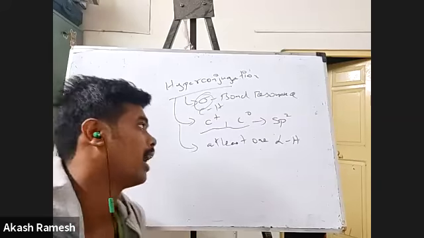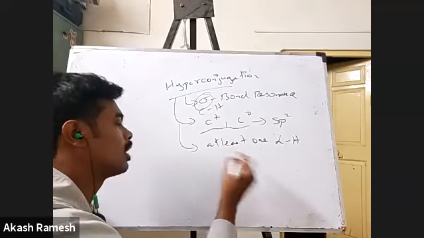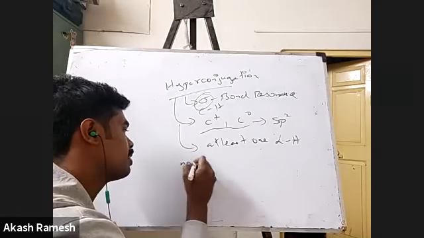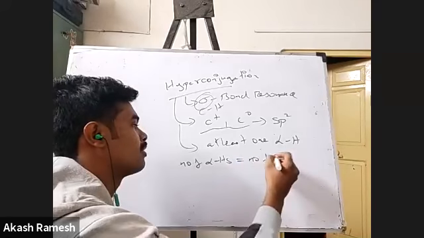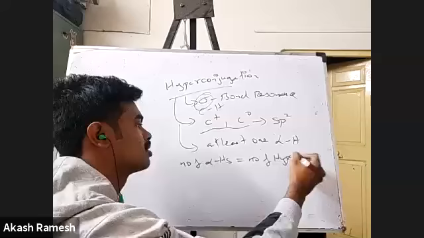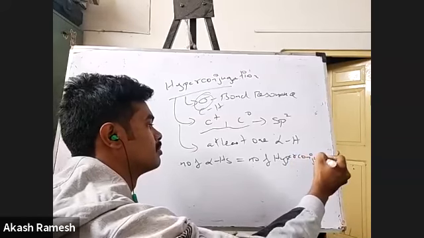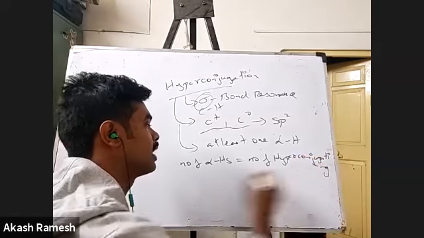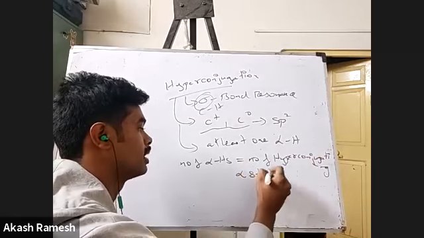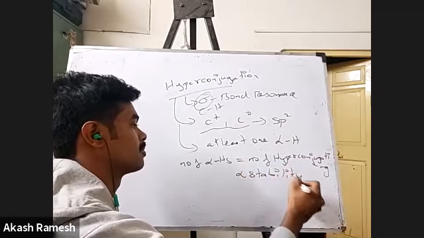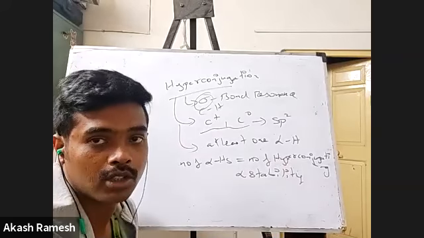The number of alpha hydrogens is equal to the number of hyperconjugating structures, and obviously, the more the hyperconjugation, the more the stability of the species. These are all the things which you need to know.